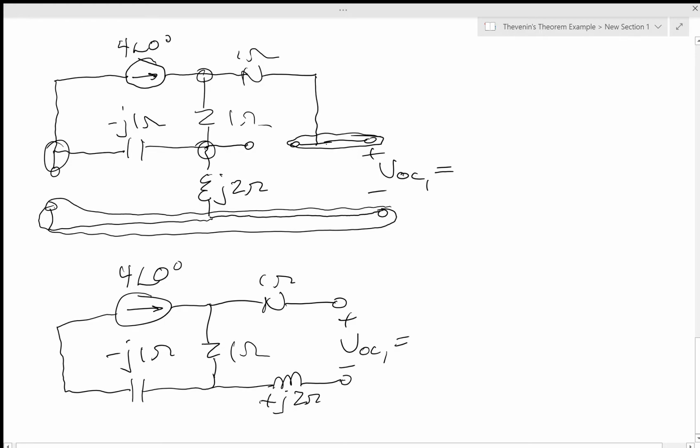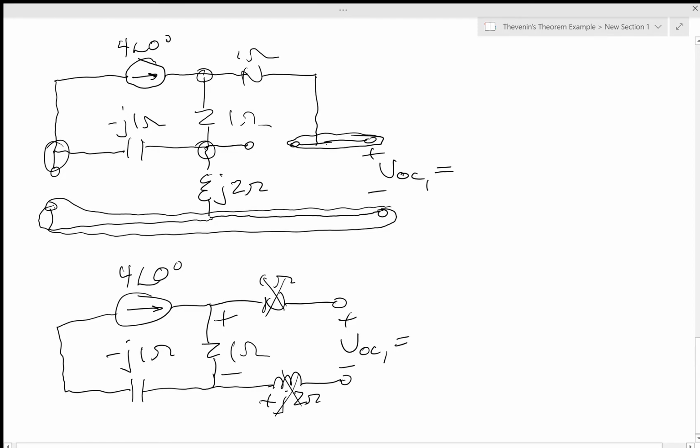Well, that looks pretty easy. Mainly because current can't flow in an open circuit, so you can't find voltage across these two right here because they're dangling out in space, saying, hey, look at me, don't use me. And so VOC is actually across the 1 ohm resistor there.